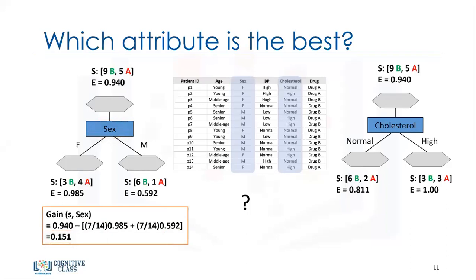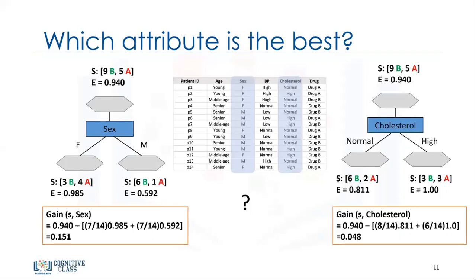As you can see, we will consider the entropy over the distribution of samples falling under each leaf node, and we'll take a weighted average of that entropy, weighted by the proportion of samples falling under that leaf. We can calculate the information gain of the tree if we use cholesterol as well. It is 0.48. Now, the question is, which attribute is more suitable?